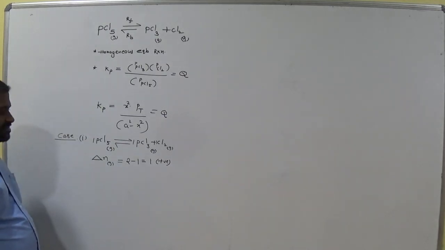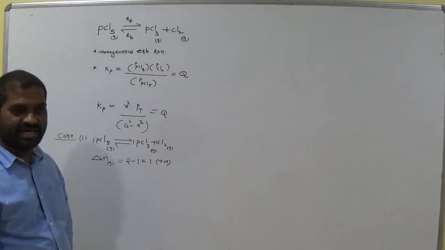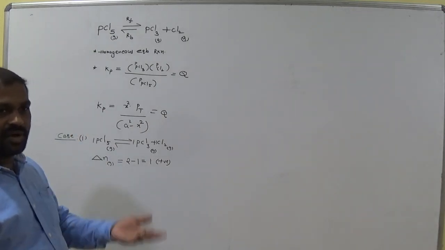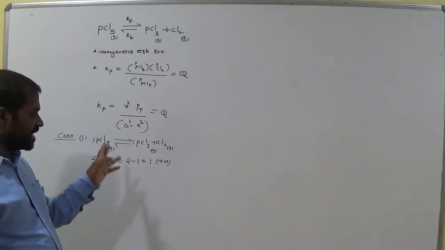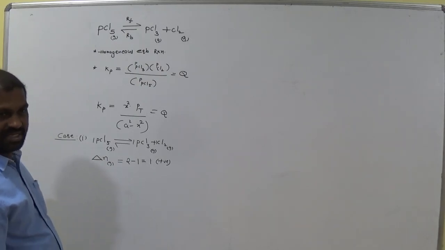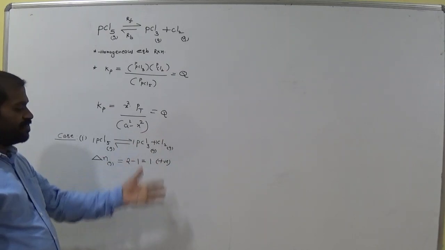Is it clear? Now, in which side, reactant side or product side, do we have more moles? On the left hand side we have only 1 mole, on the right hand side we have 2 moles. Remember this: low moles at reactant side, high moles at product side.